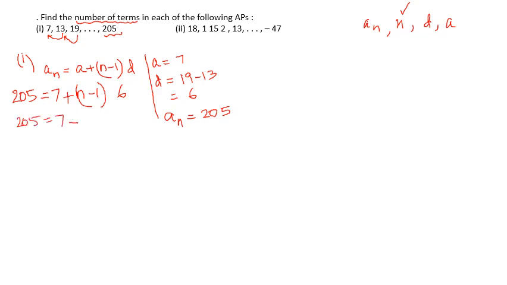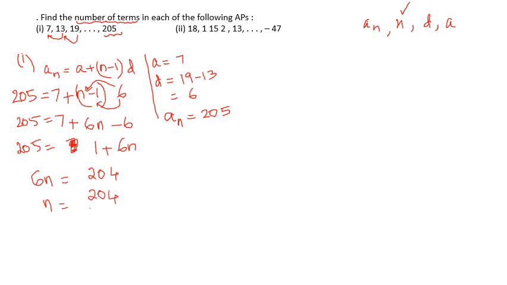What should you do first? First you should open the bracket. 6 into n is 6n. 6 into minus 1 is minus 6. So you get 205 is equal to 7 minus 6. 7 minus 6 is 1. So you get 1 plus 6n. 1 when it goes to the other side, you will get 204. 6n is equal to 204, or n is equal to 204 by 6.